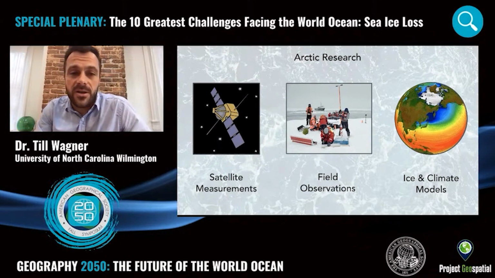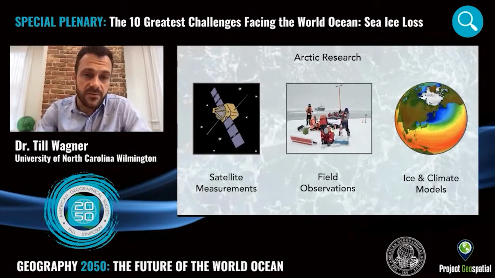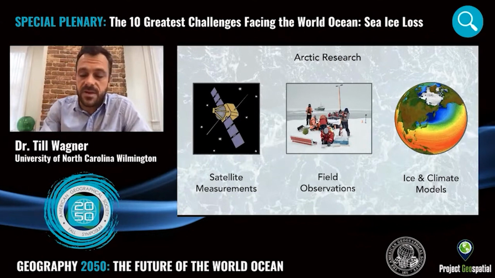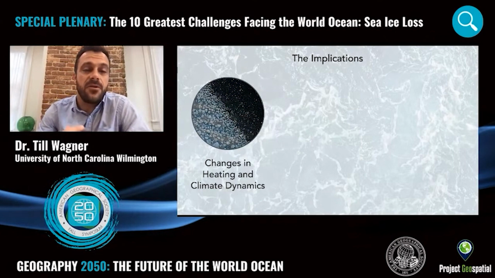Now, why do we care? Since I just told you that sea ice is not actually that important for sea level rise, but it nevertheless plays a hugely important role in the climate system. So, first of all, sea ice is very reflective.